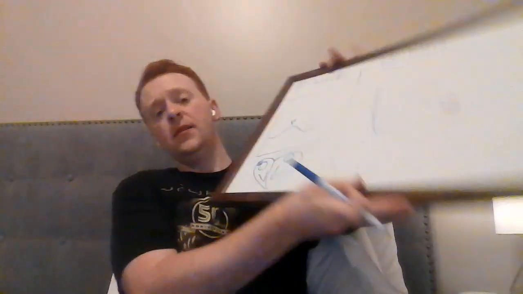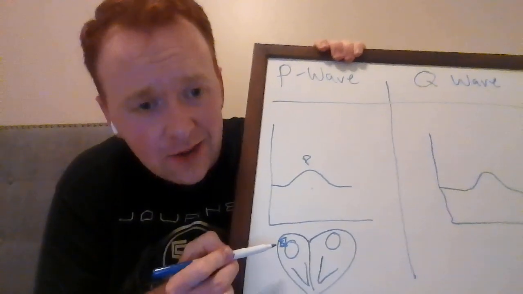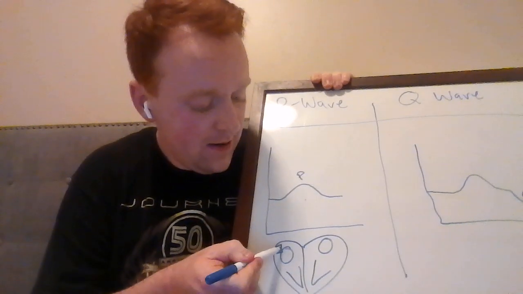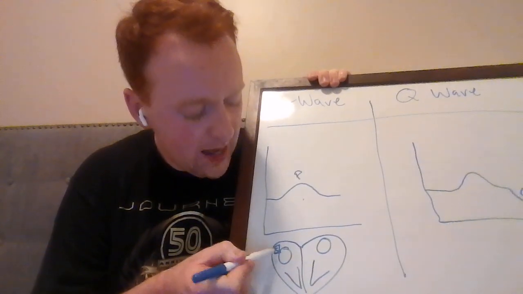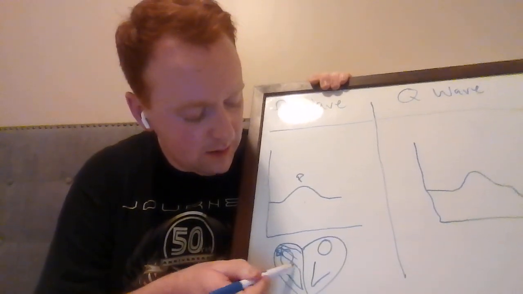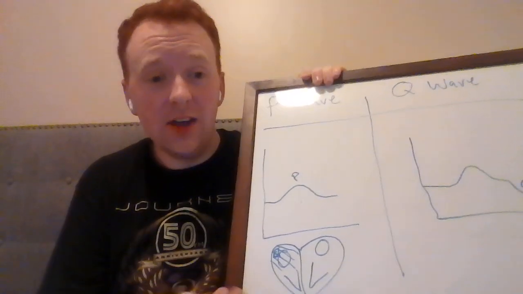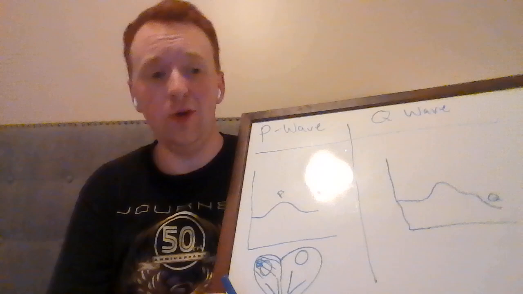Here is the SA node, that little box. Here's the atria. For the P wave, from the SA node, the atria becomes depolarized, but not the ventricle. That triggers a P wave, which is normal.